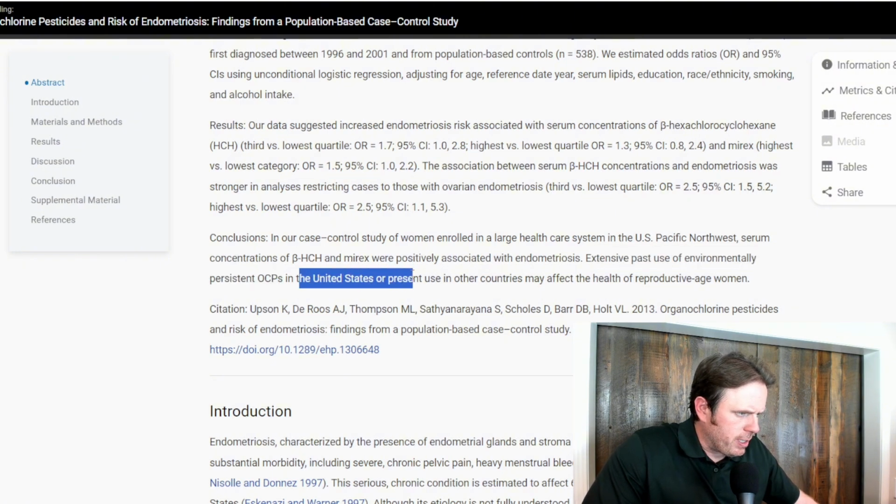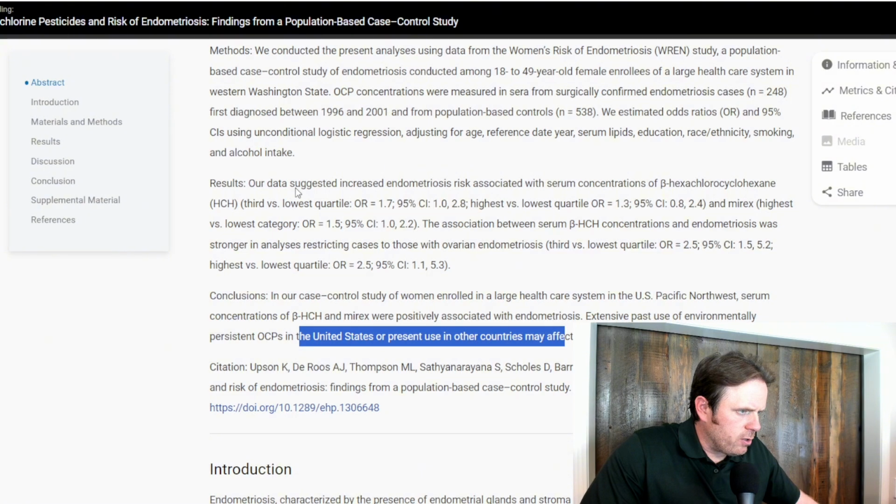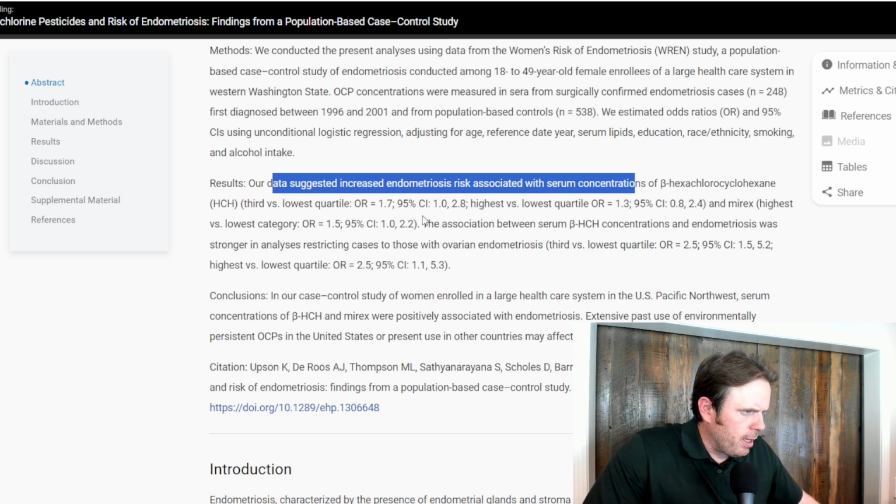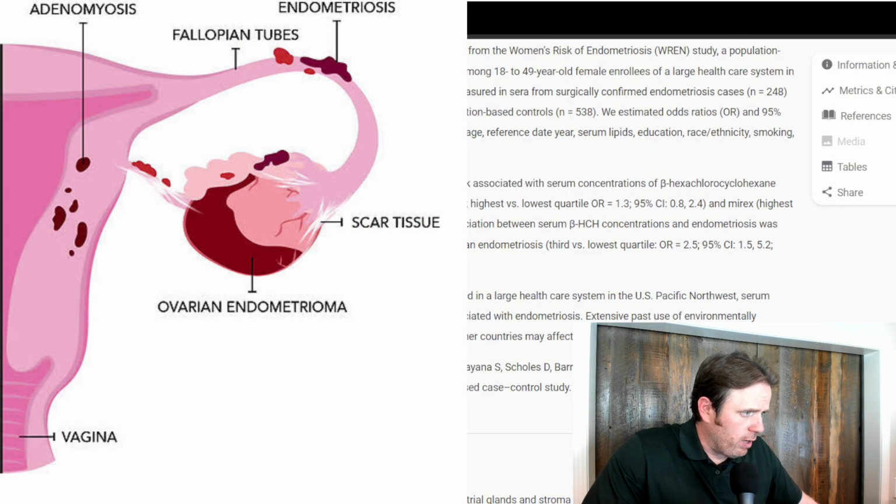Past use in the United States or present use in other countries may affect the health of reproductive age women. Their data suggests increased endometriosis risk associated with serum concentrations of beta-hexachlorocyclohexane. The association was stronger in analysis restricting cases to those with ovarian endometriosis.